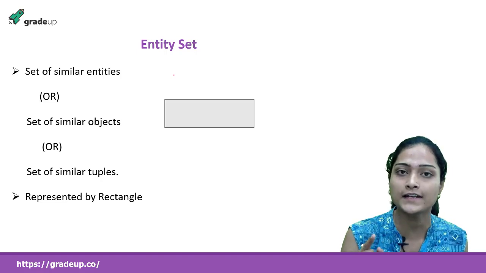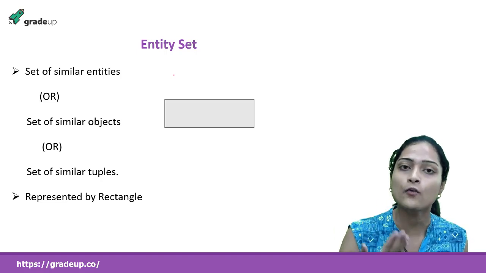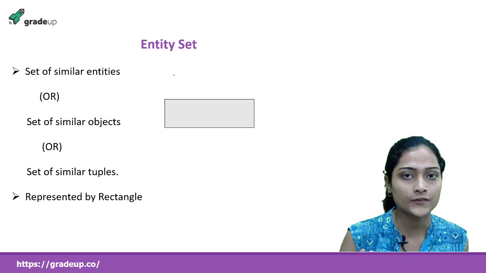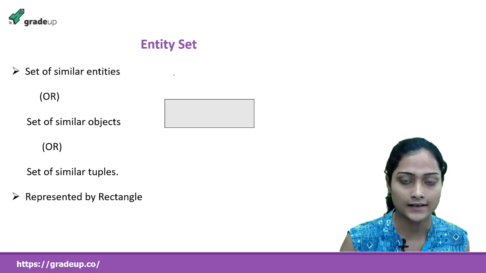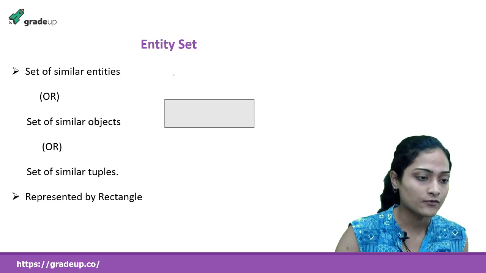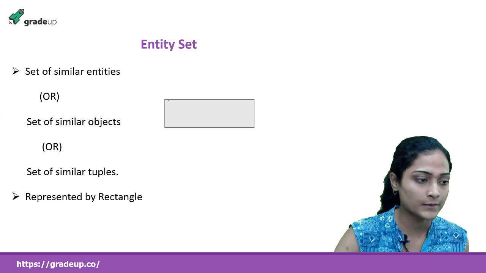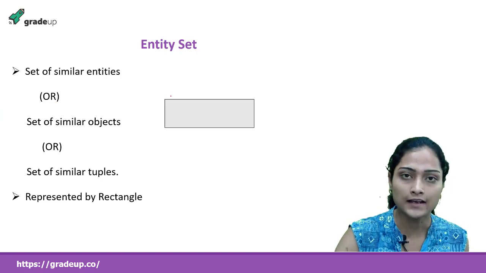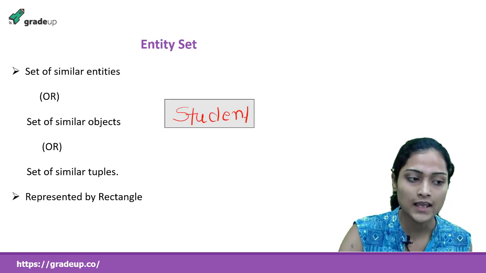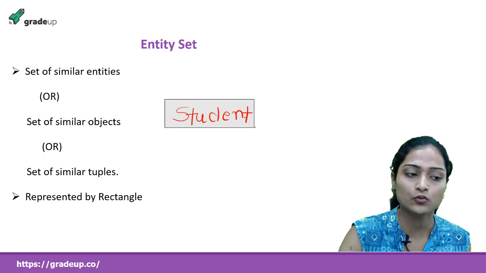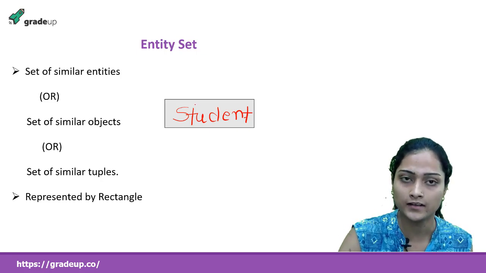A row is referred to as an entity and the set of all rows or tuples will be referred to as an entity set. A particular entity will be represented in our database system using a rectangle. Suppose you want to refer to an entity student, a table student, then you will represent this particular entity as a rectangle.